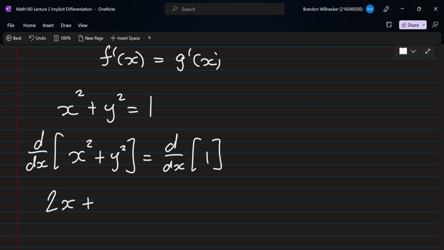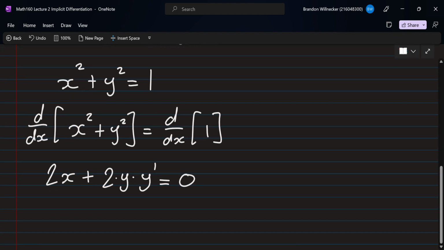Plus the derivative of y squared. As we said, we need to use the chain rule, so that's going to be 2 times y prime. We differentiated the outside, so that will be 2 times y, then we differentiated the inside, so that will be y prime. Then, on the other side, the derivative of 1 is going to be 0.